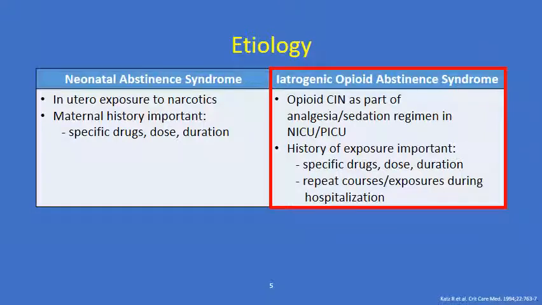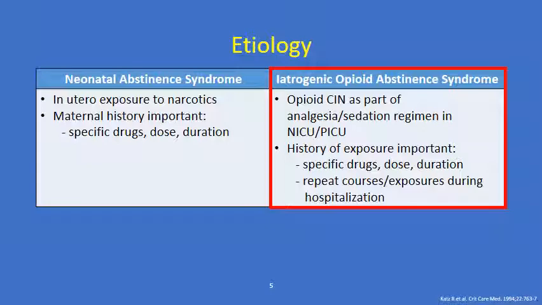And then when you look at IOAS specifically, I talked previously about how our patients in the NICU and PICU sometimes may require continuous infusions of opioids, and this is part of the mainstay of the analgesia and sedation regimen. And so just like the mom's history with NAS, looking at the history of exposure with IOAS is important too.